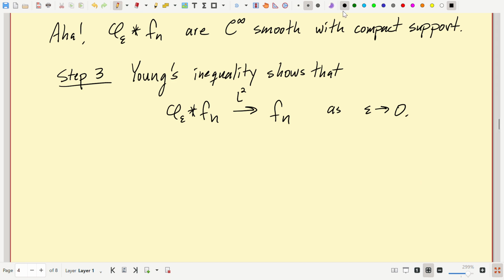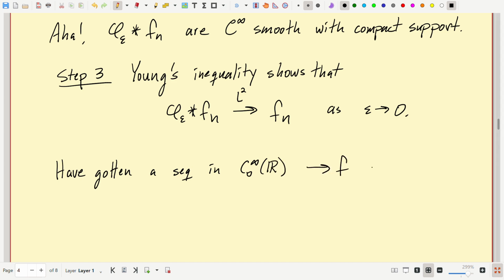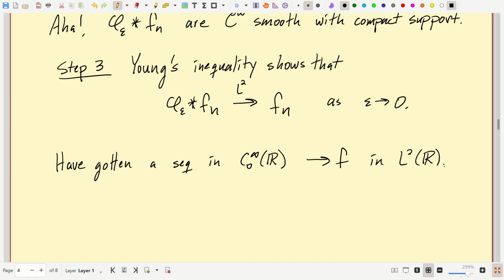So what I've shown here is that I have gotten a sequence in C0 infinity of R tending to F in L2. Okay. Let's call that, why don't I call it G?